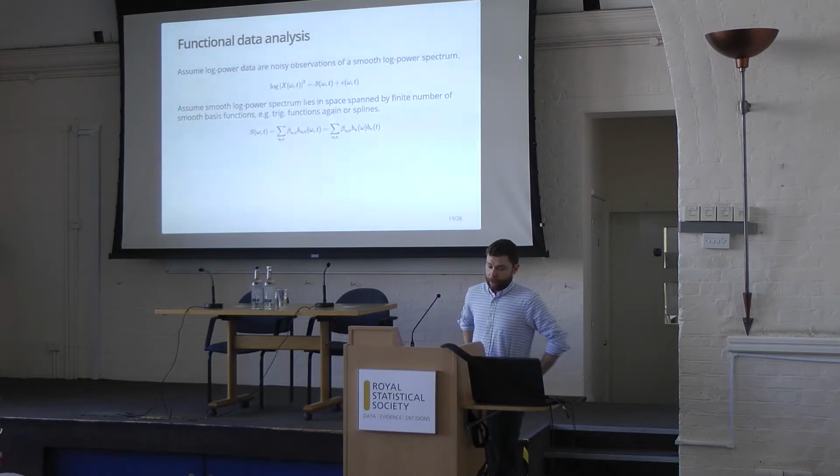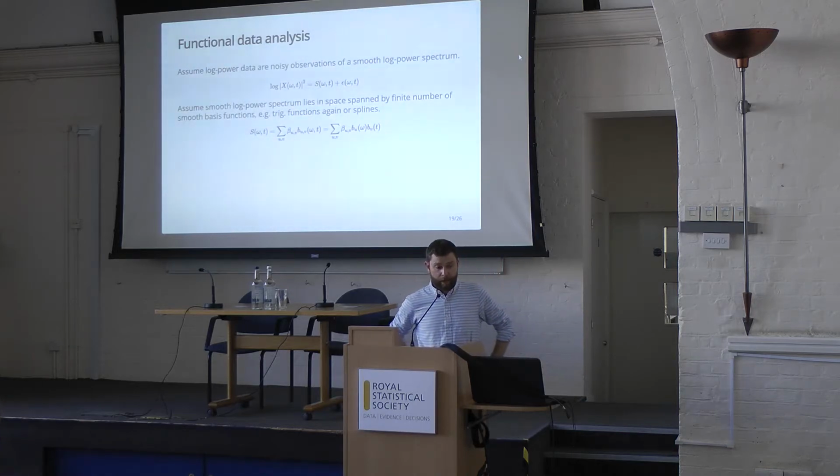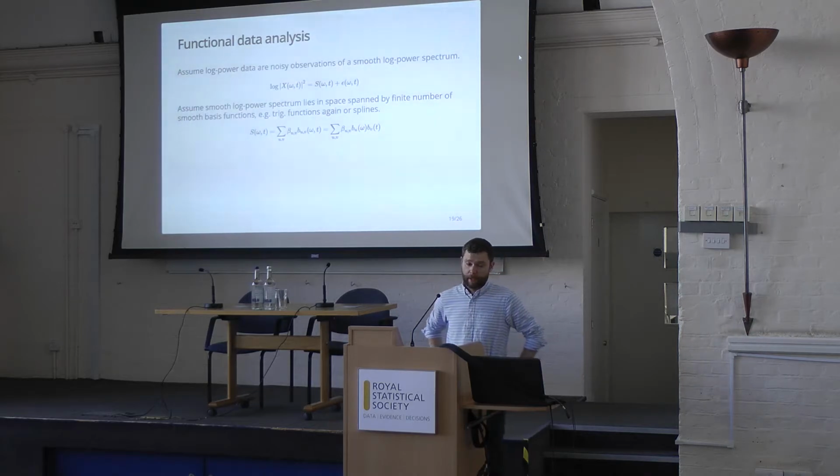So this is what Davide and his co-authors do. They look at the log spectral powers for particular frequencies and particular times. And it turns out that when they do this, they find that these log powers are very rough. It looks like there's a lot of noise in them, lots of degrees of freedom, a lot of information to try to manage.